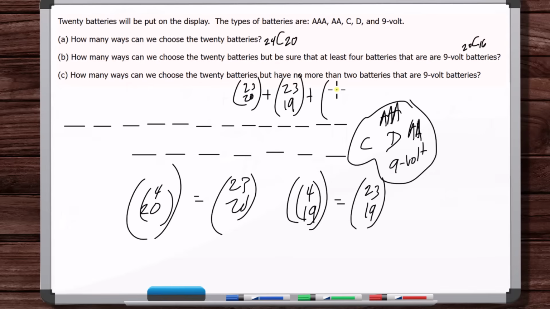What if we have 2 9-volt batteries? That leaves 18 slots. 18 plus 4 is 22, minus 1 is 21. So this is 21 choose 18. And that's it.